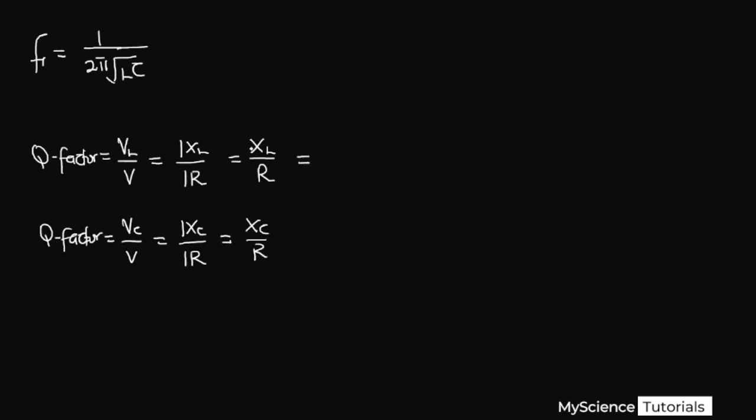But if you like, you can further break them down. So XL is 2 pi FL over R, and XC is 1 over 2 pi FC over R, and this will give you 1 over 2 pi FCR.